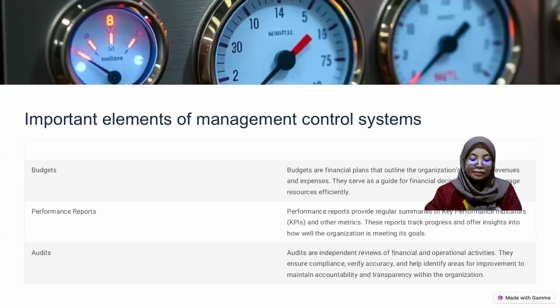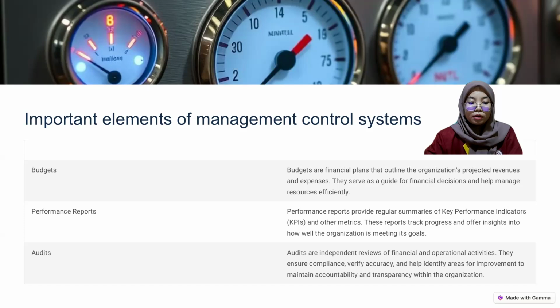The next is important elements of management control system. One, budgets. Budgets are financial plans that outline the organization's projected revenue and expenses. They serve as a guide to financial decisions and manage resources efficiently. And the next is performance reports. Performance reports provide regular summaries of key performance indicators, or KPIs, and other metrics.